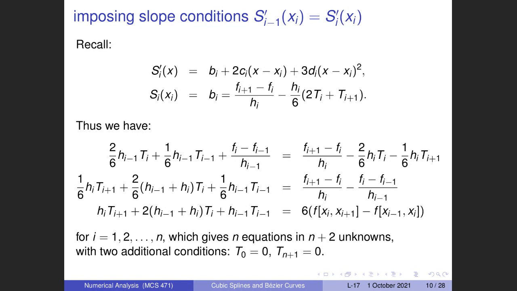So the algebraic derivations are done on this slide. We have the expressions for the derivative, and then we have the expression for the derivative at the point. So you can again see that the interpretation of the BI is indeed the derivative at the point.